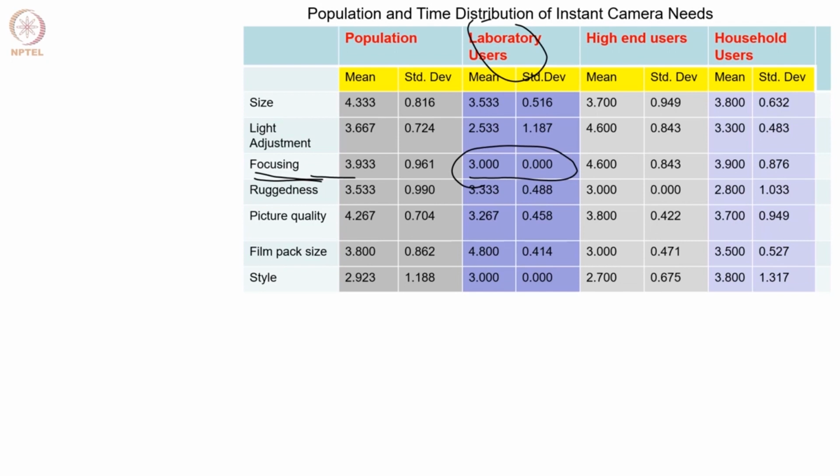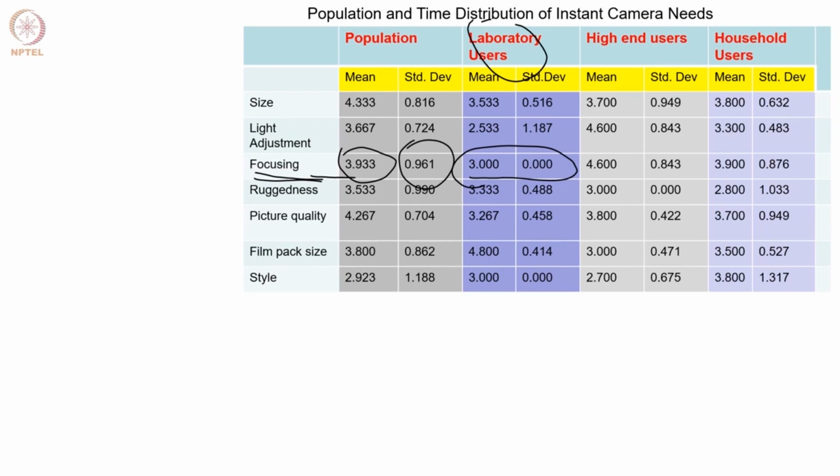They are very clear about what they want: focusing is 3 and no other changes are needed, that is the only thing they are looking for. But if you take the population, you can see a large variation. The mean is somewhere here, but the standard deviation, sigma, is very large.